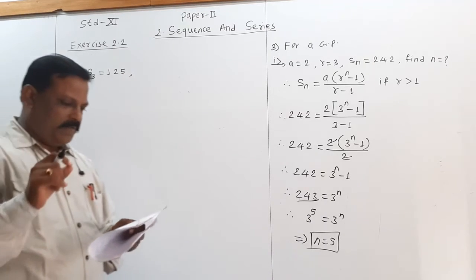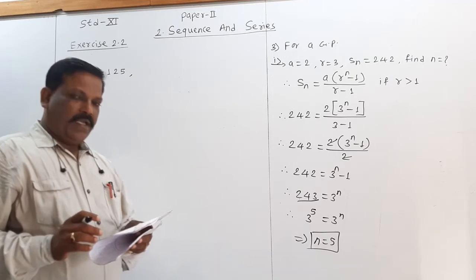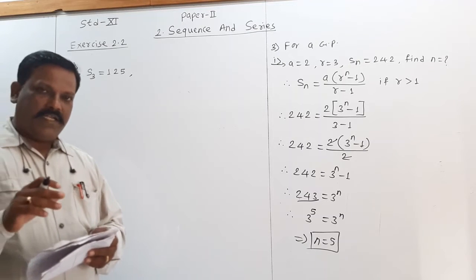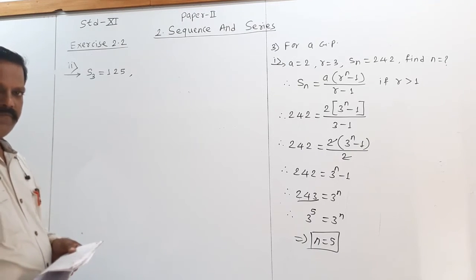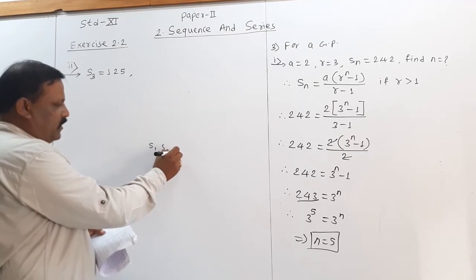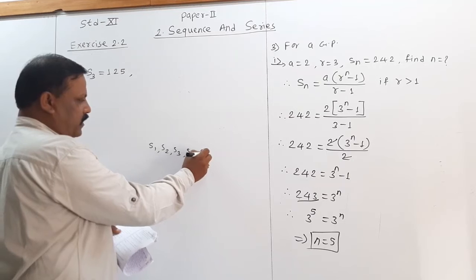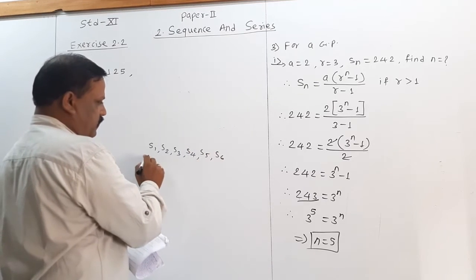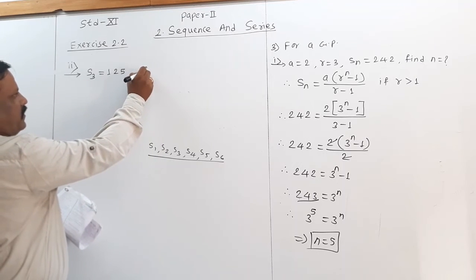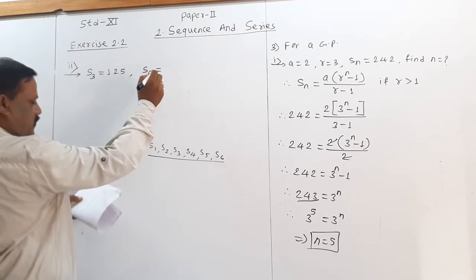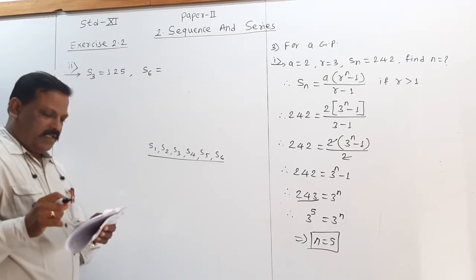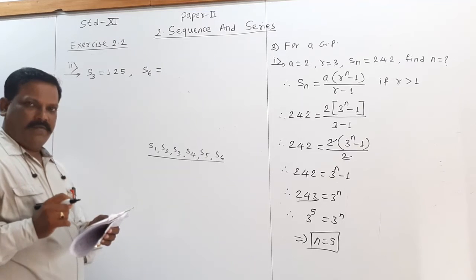S3 means sum of the first three terms is 125. Then sum of the next three terms. First term S1, S2, S3, S4, S5 and S6. Sum of the next three terms, that is, S6, is 27.